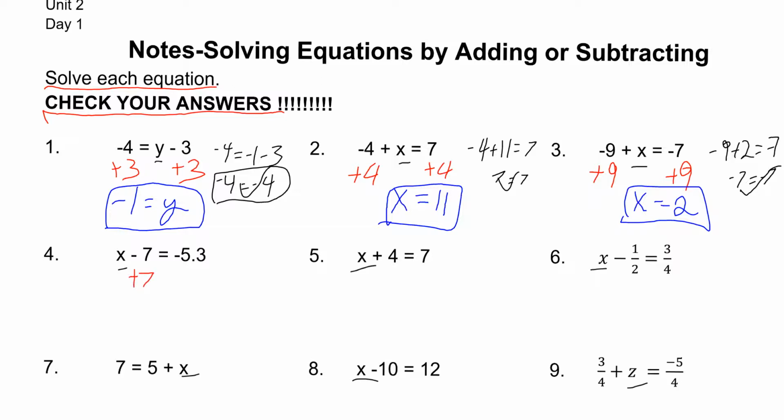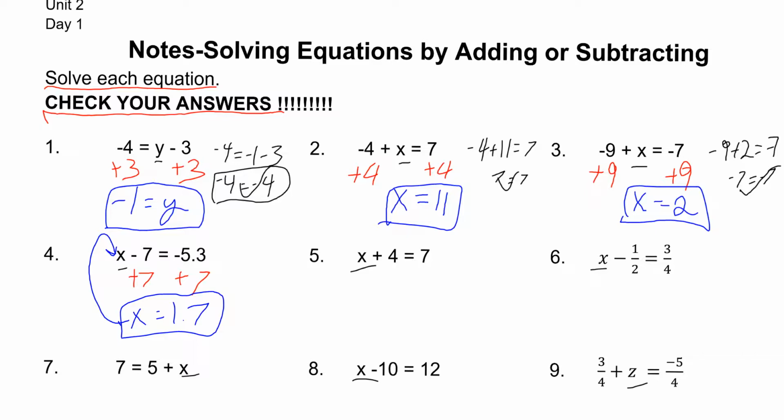On number 4, we're going to add 7 to both sides. When we add 7 to both sides of that, that's going to leave us with 1.7. So x equals 1.7. Then we take that x that we just came up with and plug it back in there.